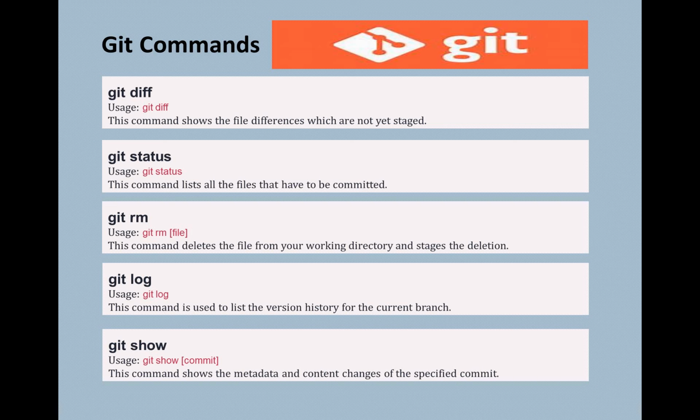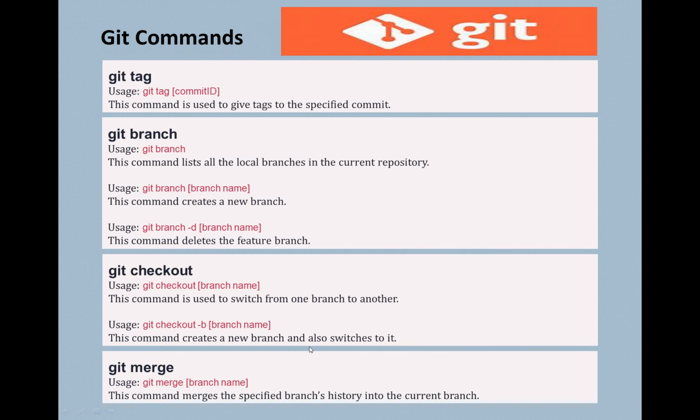You need to mention the commit ID or commit name here, right? The next command is git tag. Let's suppose you want to add some tag on your source, then this command is used to give tags to your specified commit, and on the basis of that commit you can roll back and track your branch.